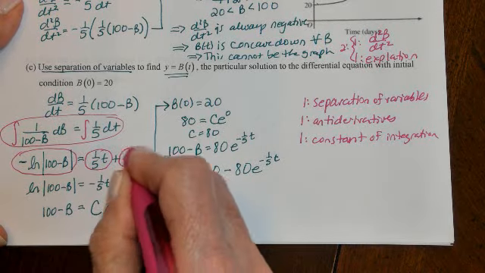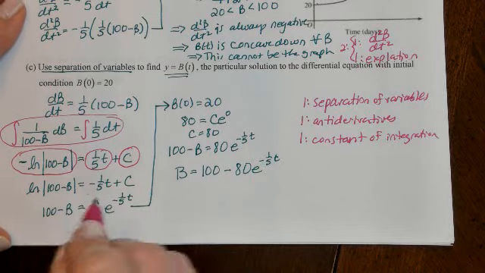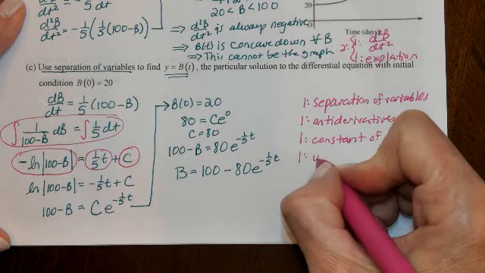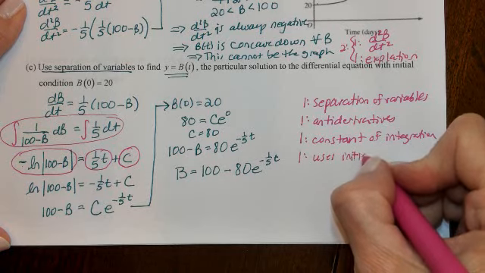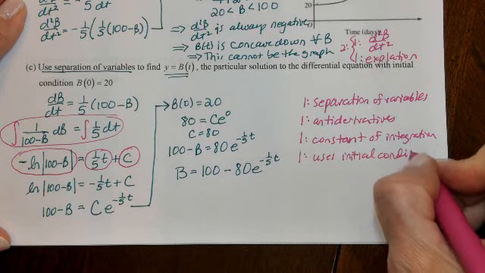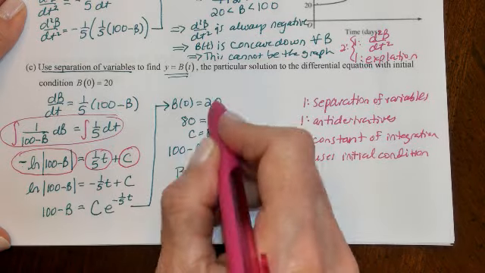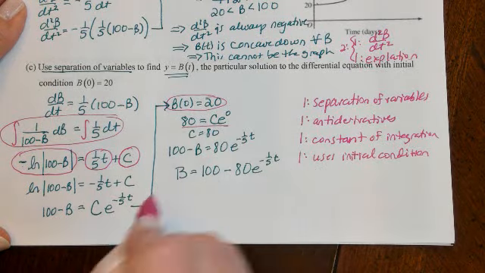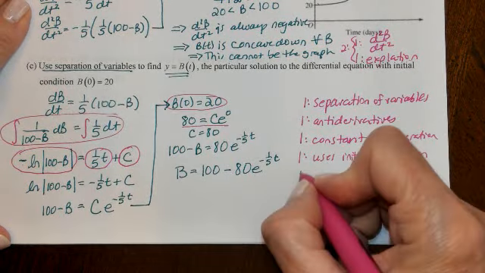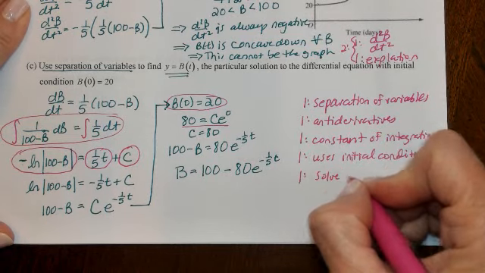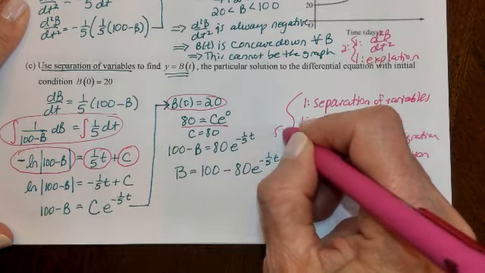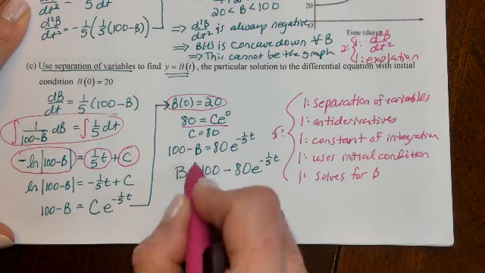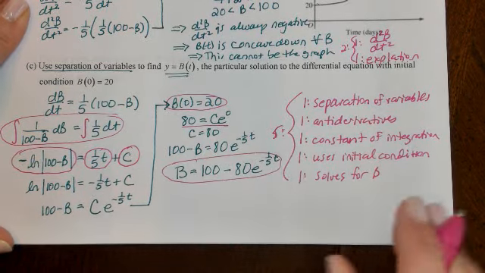Another point for uses initial condition. So 1 point for uses the initial condition, and then 1 point for solves for B. 5 points.